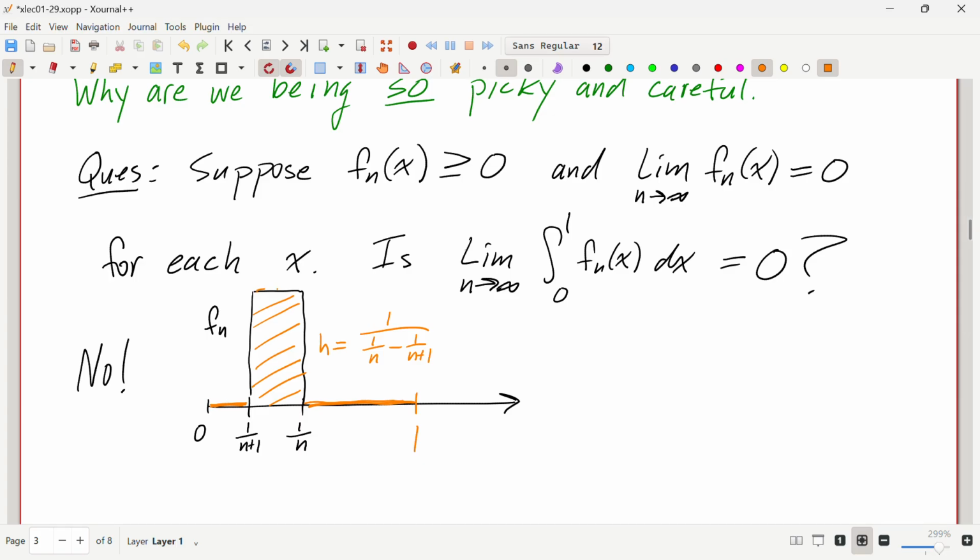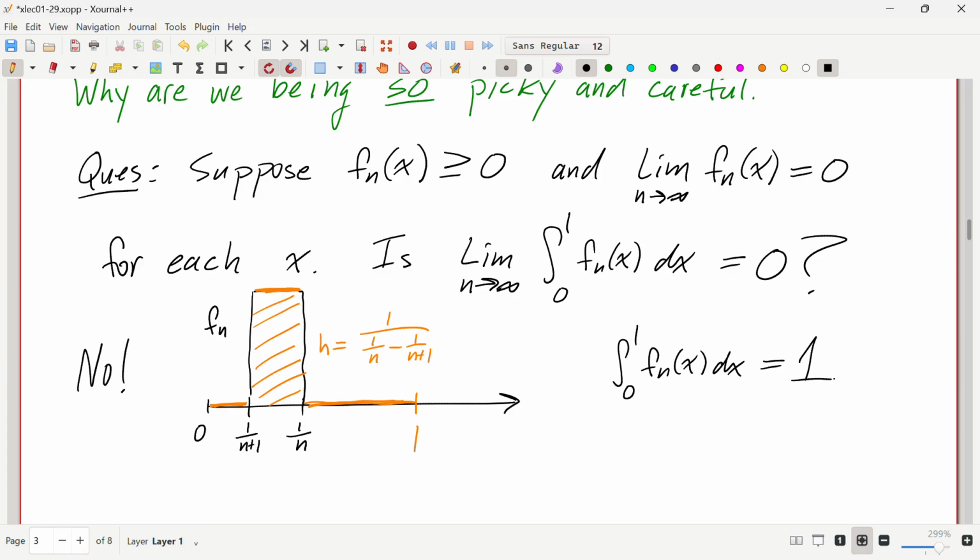The value up here is this 1. And so the integrals are all 1, even though the functions at each point go to 0. So the area under that curve is equal to 1, even though all functions go to 0.